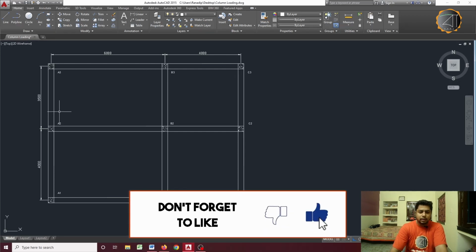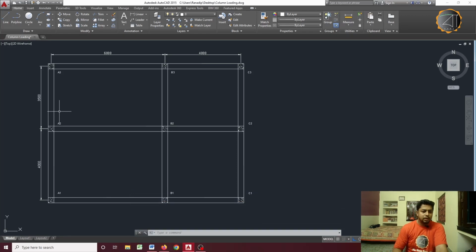The same goes in the other direction: the 4 meter span will be shared between A1 and A2, and the 3.5 meter span will be shared between A2 and A3. To draw the influence area, we just draw the midline between two adjacent columns, and we get the influence area of those columns automatically.